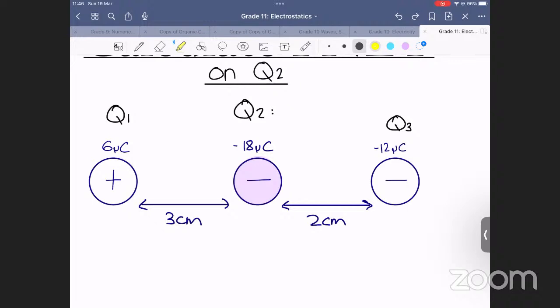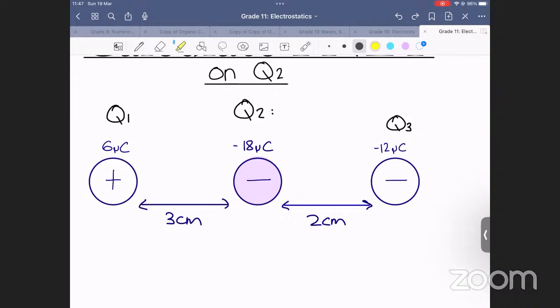Now, listen carefully also. In which direction is the force that Q1 exerts onto Q2? Anyone? Okay, very good. Attractive, very good.